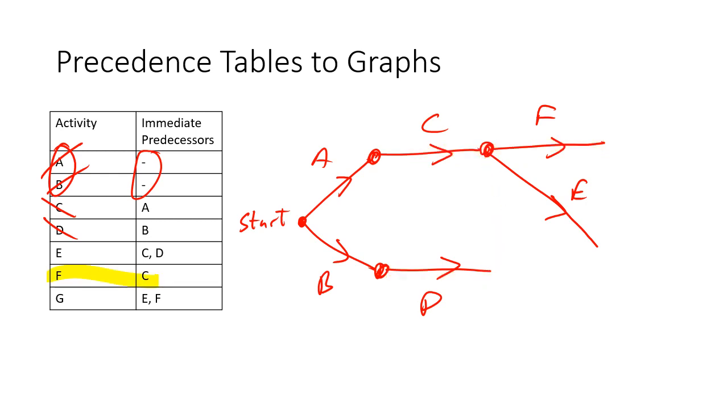All right, so let's try another way of looking at this. What if I do my node like this and have E coming off here? I've done F, and I can do a dummy feeding in there.